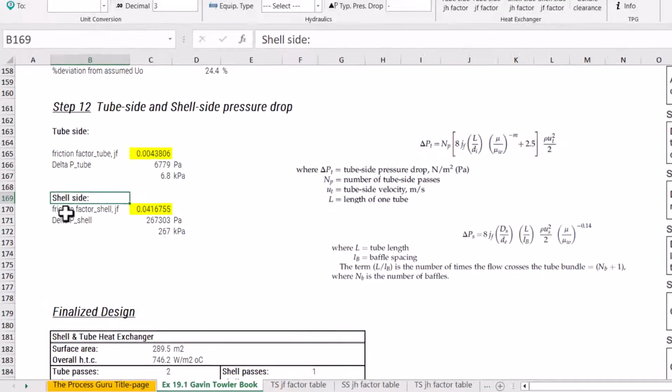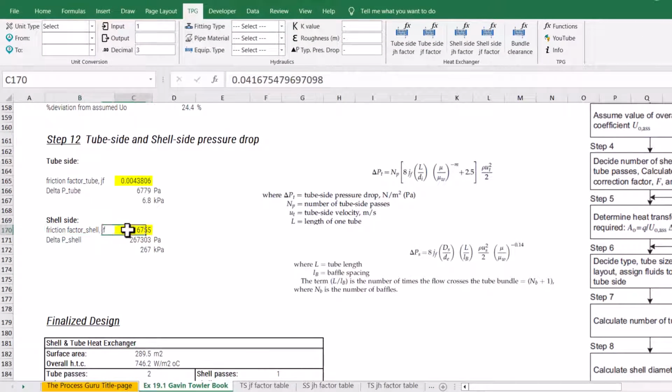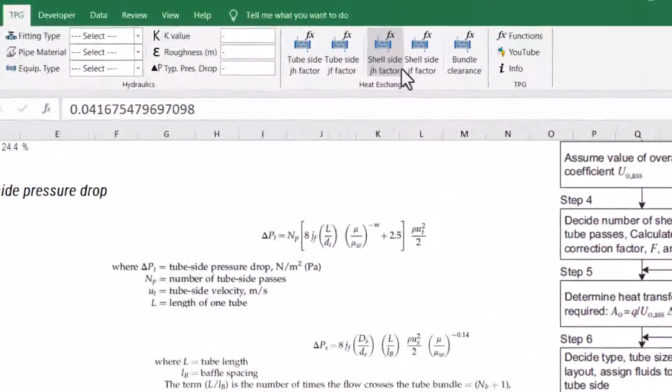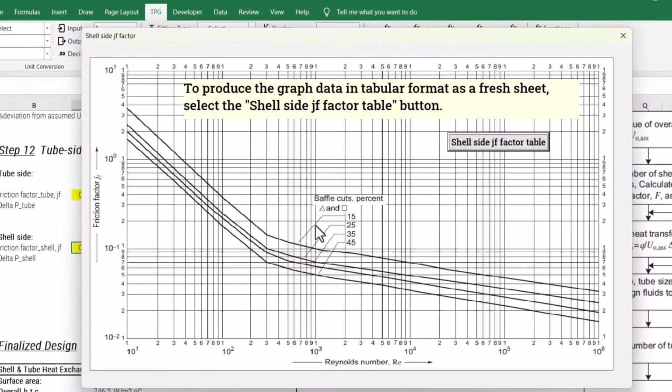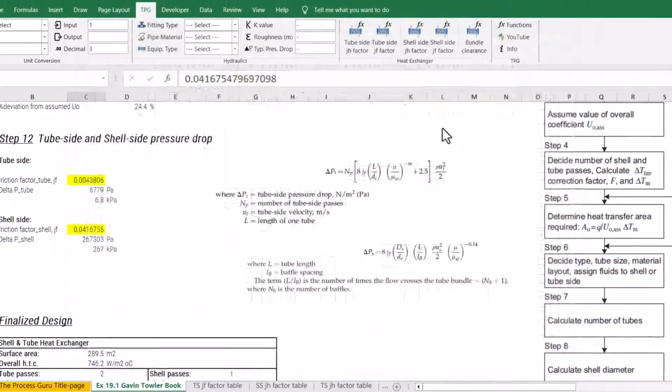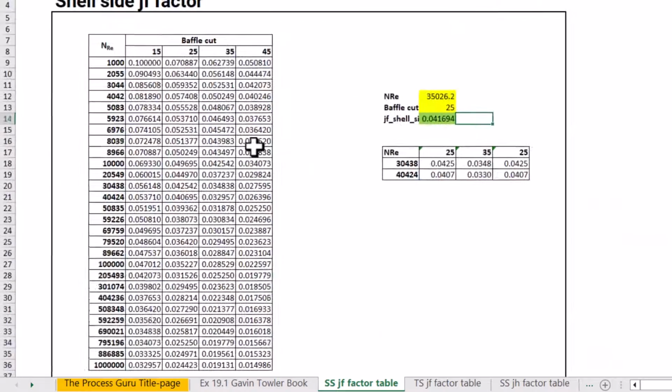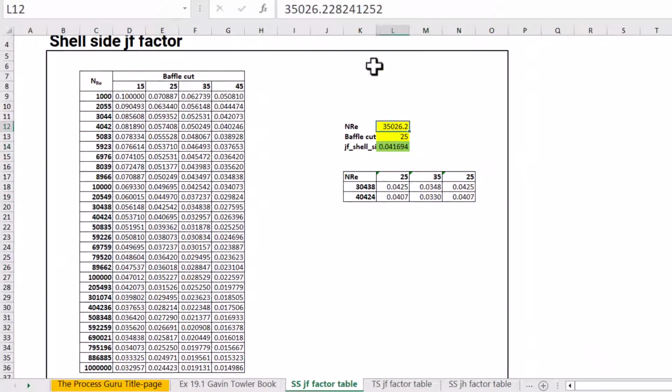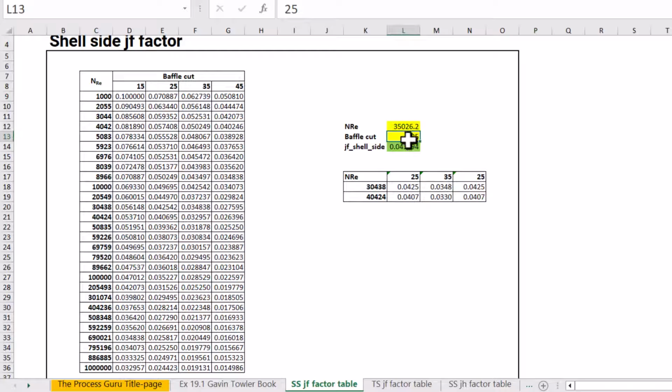Now coming to the shell side. For the shell side also we have the same kind of graph. So shell side JF factor, and if you click this, you can understand you need to use the Reynolds number and the baffle cut, and then we need to read this JF factor, but we will make it easy with this table. Here also it is a very similar kind of thing: Reynolds number, baffle cut, and it would give us the shell side JF factor.